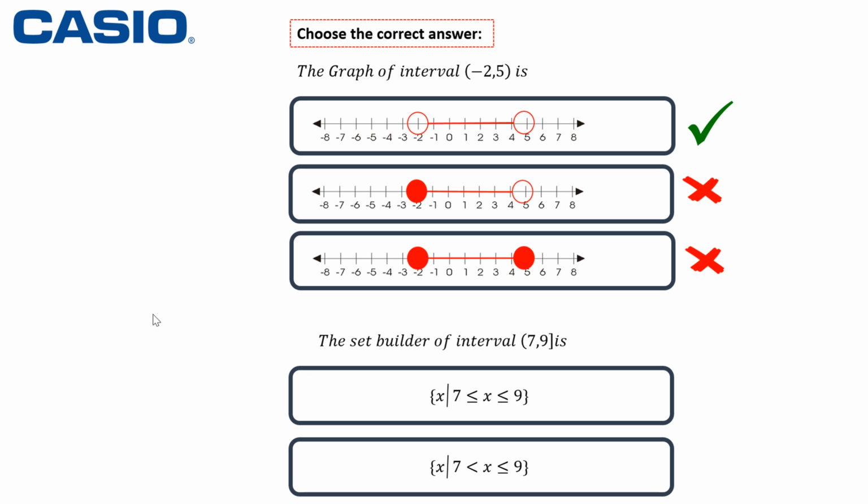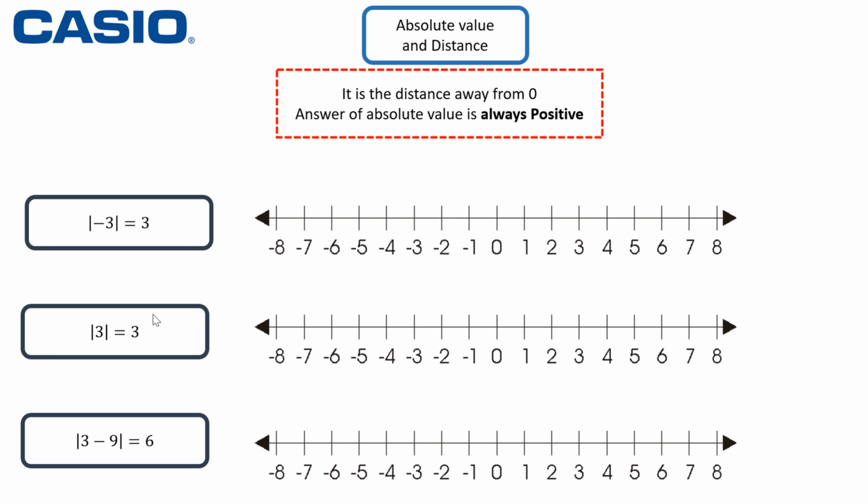But if we look at 9, we have a bracket. That means that 9 is included in the interval. So which of the choices is correct? Choice number 2 is the correct answer. Why? Because it represents an interval where 7 is not included and 9 is included.